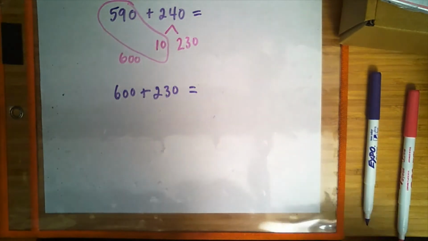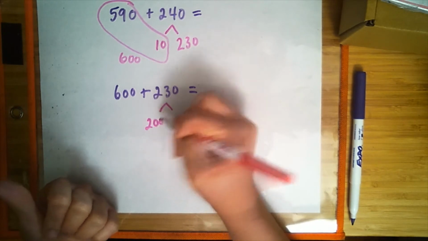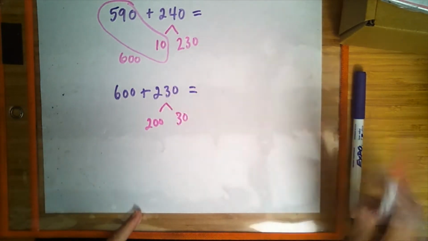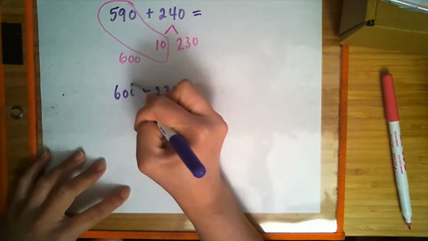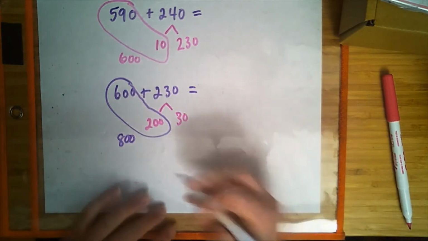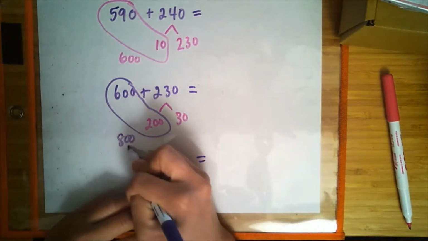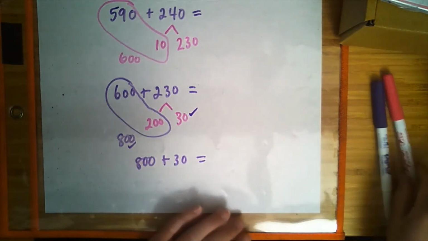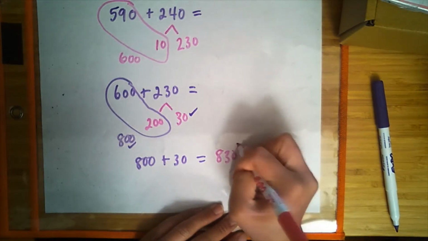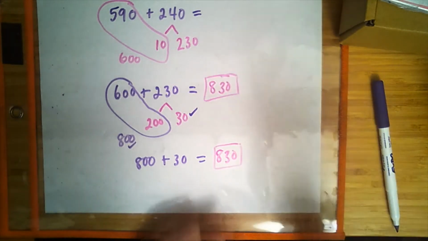I'm just going to solve this with a mini number bond because it's easier for me. Breaking that up into 200 and 30. Then I'm going to regroup to get me to 800. 800 plus 30 gives me 830. Therefore, my solution, or my whole, is 830.